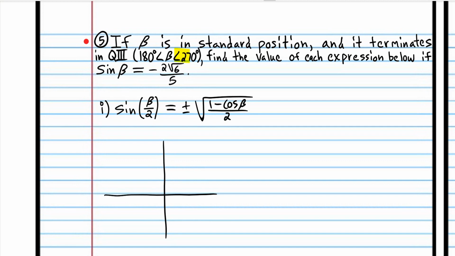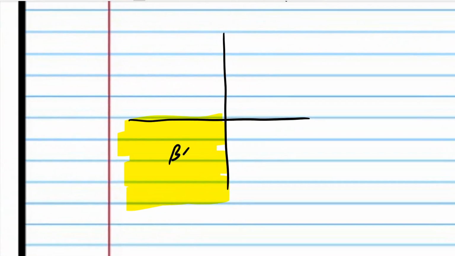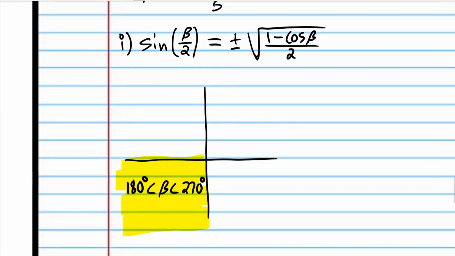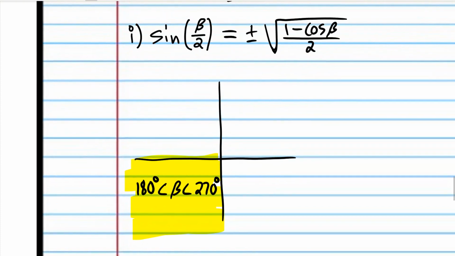We're told that beta is between 180 and 270. It terminates in quadrant 3, so that would be down there. Again, we know beta is between 180 and 270, and we want to know where beta over 2 is going to end up.